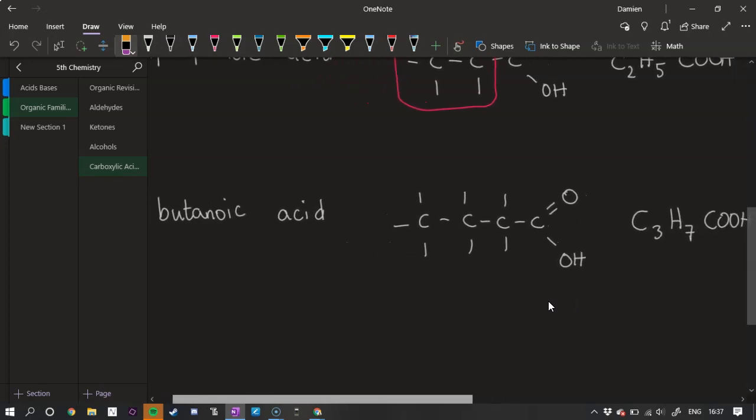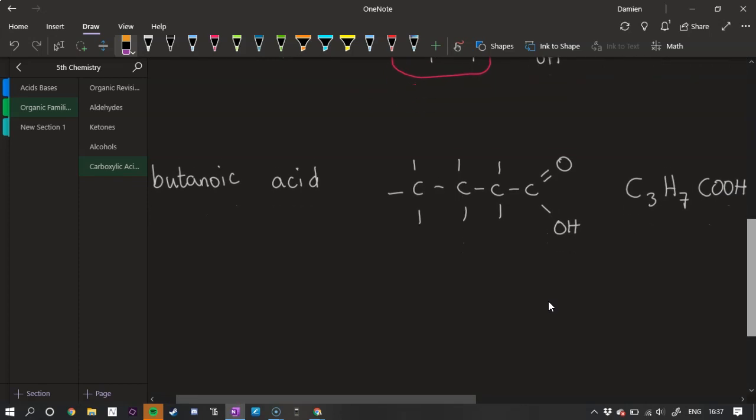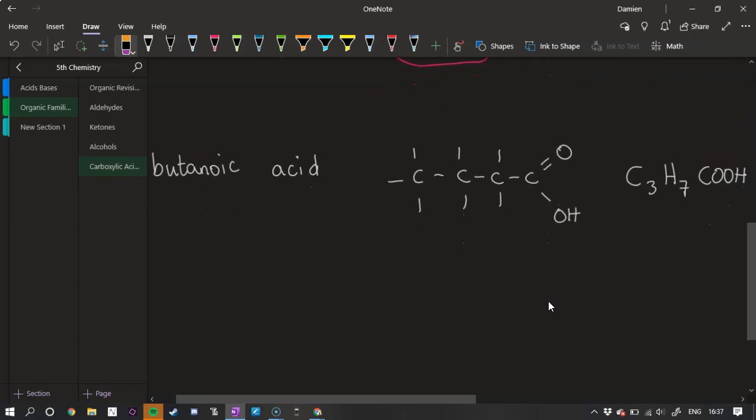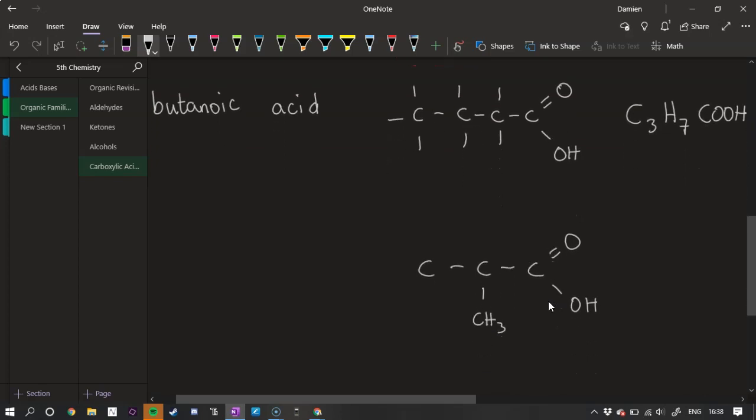So that's butanoic, but there is another arrangement for butanoic acid. There's an isomer. One of the ways we often create isomers is we lop off one of the carbons and create a methyl group. So we can drop from 4 carbons back to 3 carbons, put in your carboxylic acid functional group, and then stick in a methyl group along the way.